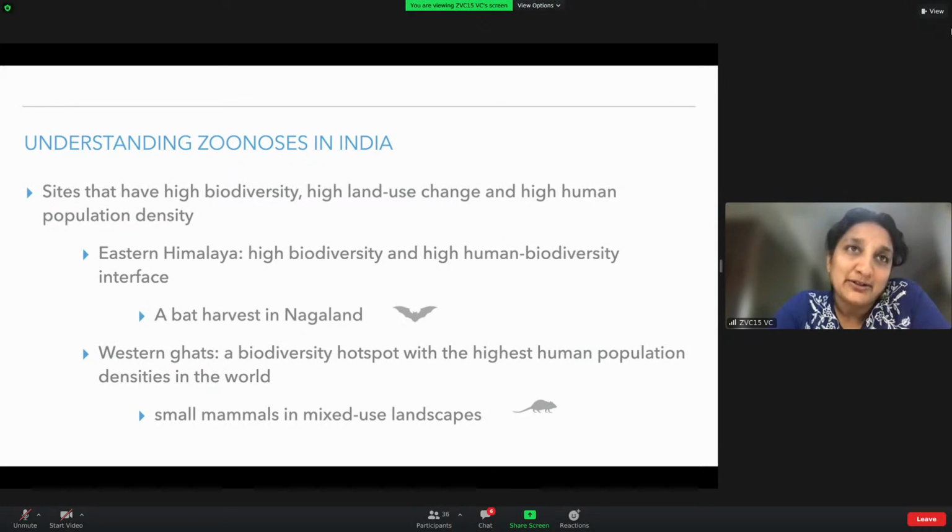And also that there may be some places which might be better sites to do such studies than other places, right? So when you start something so exploratory like this, I don't want to just go outside my apartment and start catching bats. Maybe that doesn't make sense.